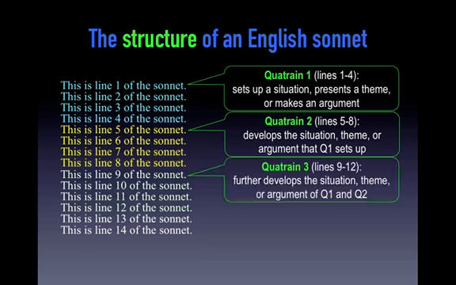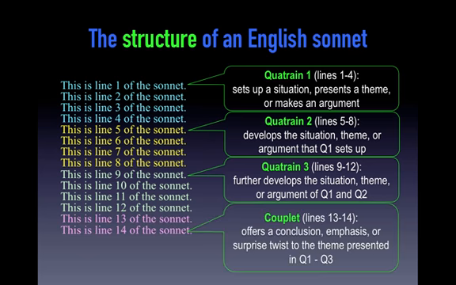Quatrain 3, lines 9 through 12, further develops the situation, theme, or argument of quatrains 1 and 2. And finally, the couplet, lines 13 and 14, offers a conclusion, emphasis, or surprise twist to the theme presented in quatrains 1, 2, and 3.